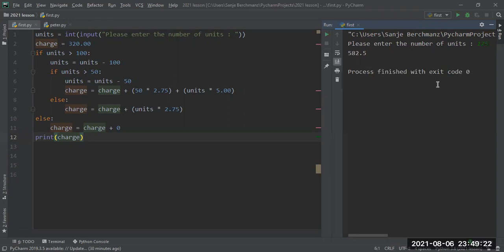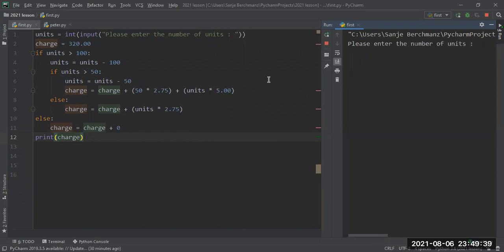Plus 320. 582.5. So that is correct. That is working. We'll try to run it again with another value.